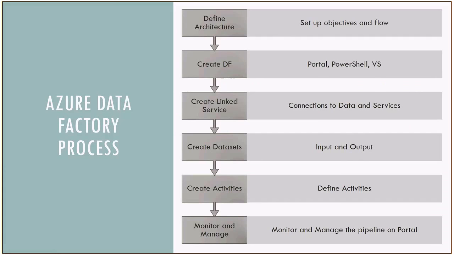Then we have a basic data factory process through which you can set up a specific data factory pipeline, and which you can monitor and manage. First you define the architecture, like how you want to copy or move your data from on-prem to cloud.